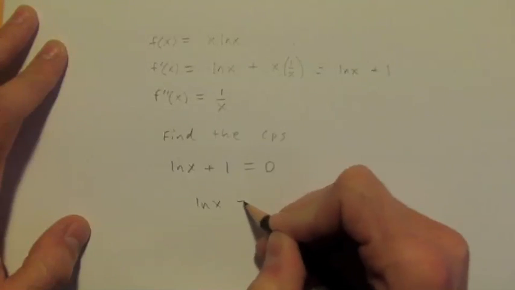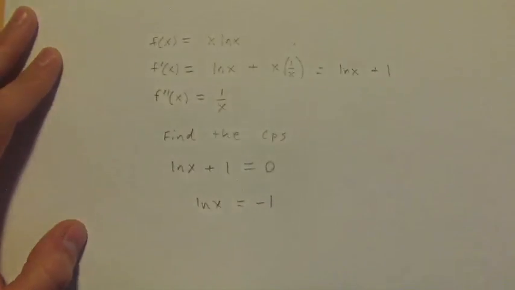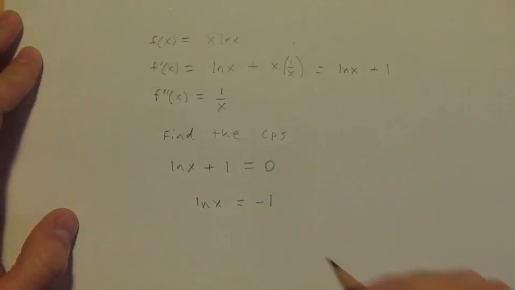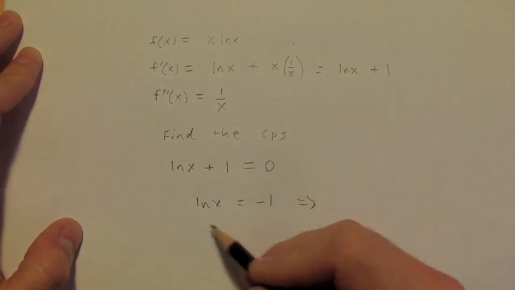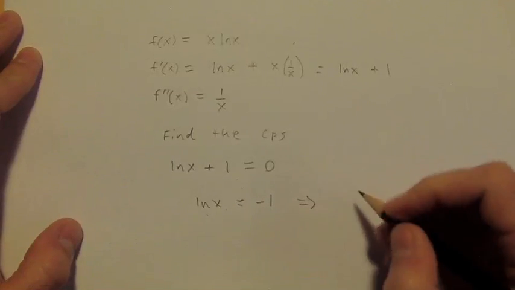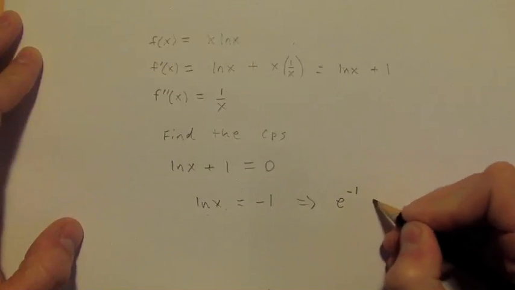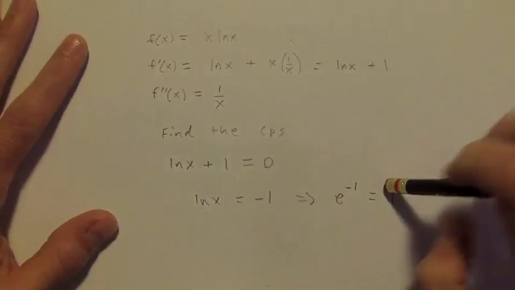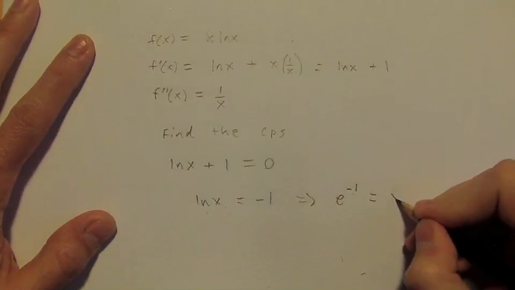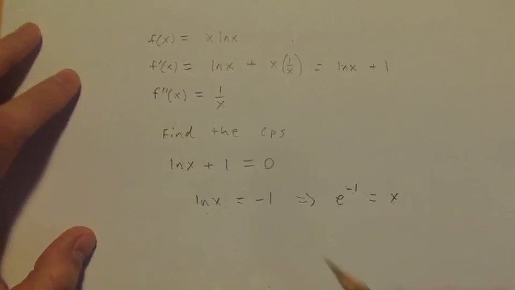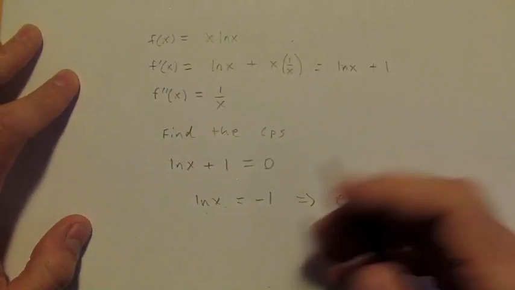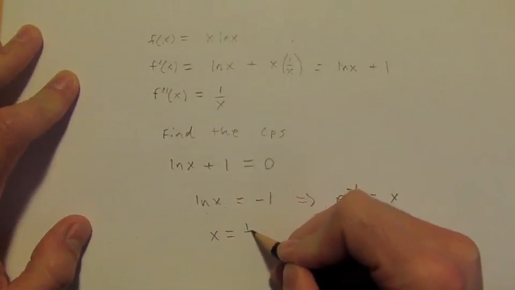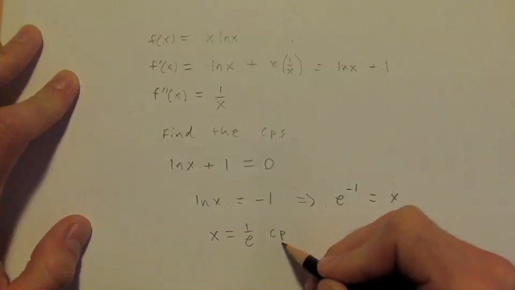Ln x is equal to negative 1, and from here all we've got to do is basically raise both sides to the e. Right, if ln of x is equal to negative 1, that means e to the negative 1 is equal to x. So you can either raise both sides to the e, or you can just use the properties of logs. In other words, x is equal to 1 over e. So this is our critical point.